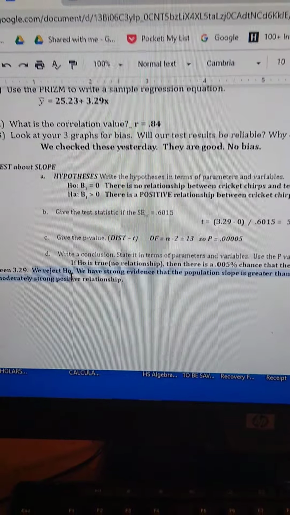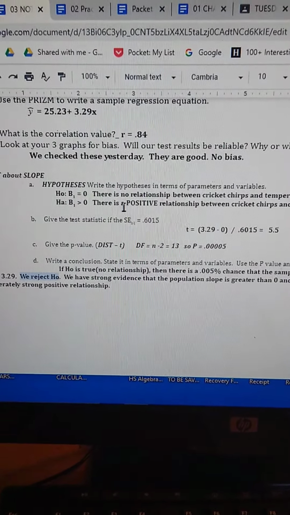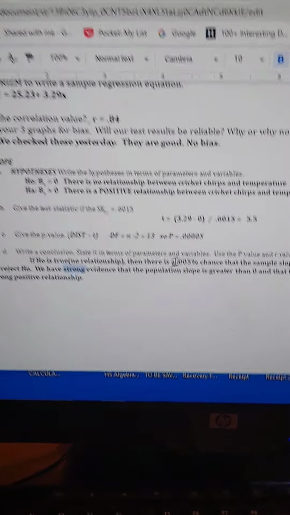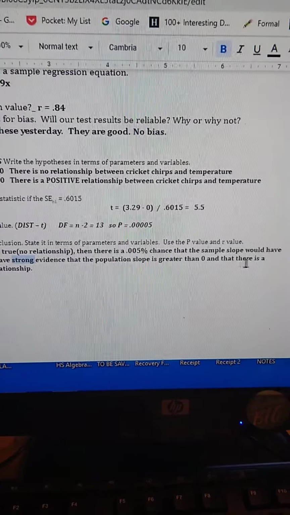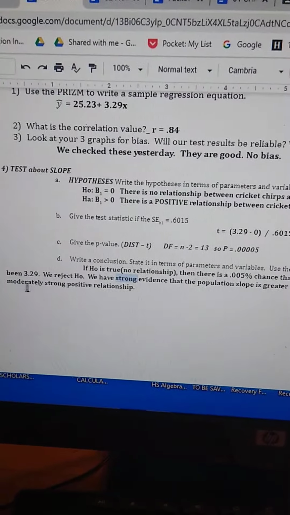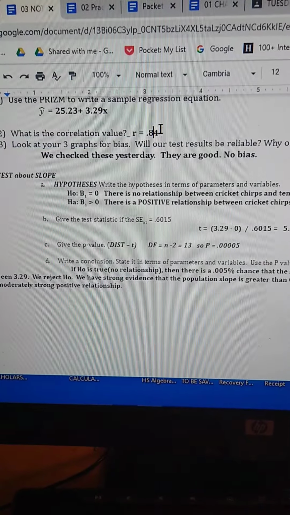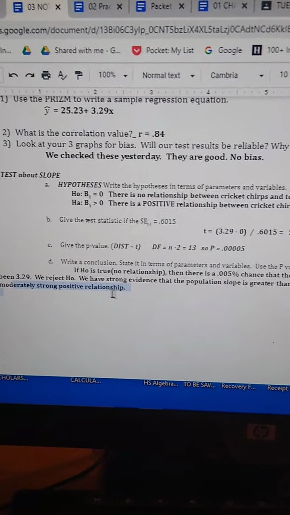So we're going to reject the null h sub o, which means we're going to go with the alternative that we wrote up here. So we have strong evidence, p-value is very small, that the population slope is greater than 0, and that there is a moderately strong, and that goes back to the R value, 0.84, moderately strong positive relationship.